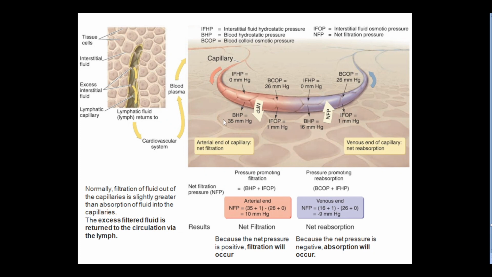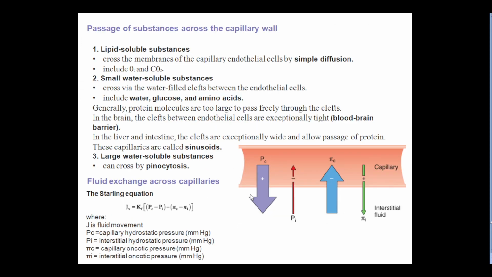In our case, it will be blood hydrostatic pressure, as you remember, it promotes filtration, and oncotic pressure of interstitial fluid. Hydrostatic capillary plus oncotic, so we can use a summary of these two.